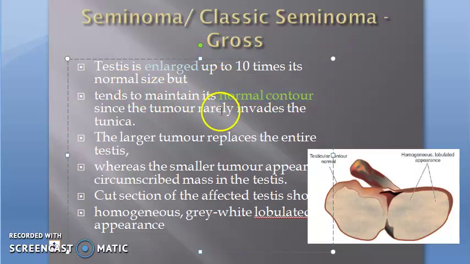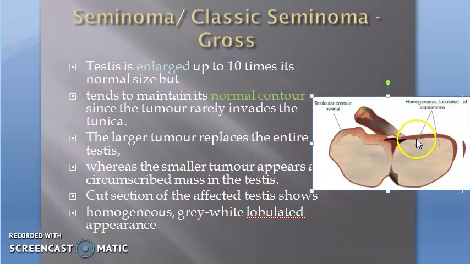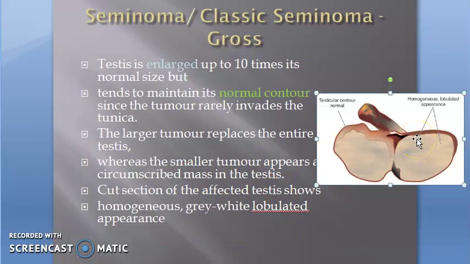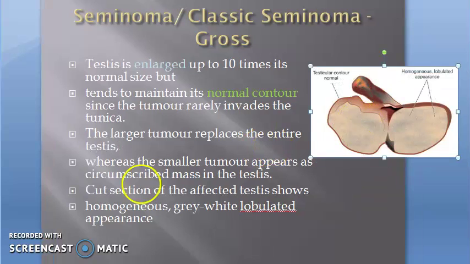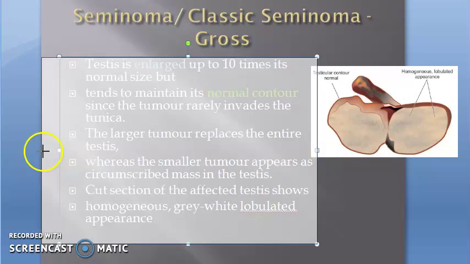Interesting, because the tumor never invades the tunica. The larger tumor replaces the entire testis, whereas a smaller tumor appears as a circumscribed mass in the testis. So if there is a large mass, then it will replace the entire testis. If it is a small tumor, it appears as a circumscribed mass in the testis.